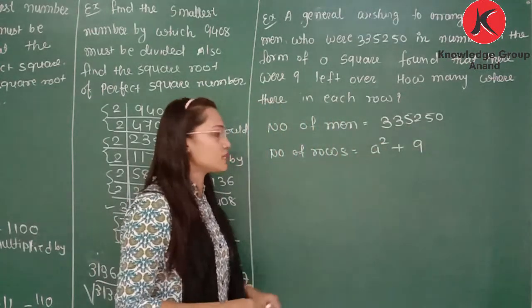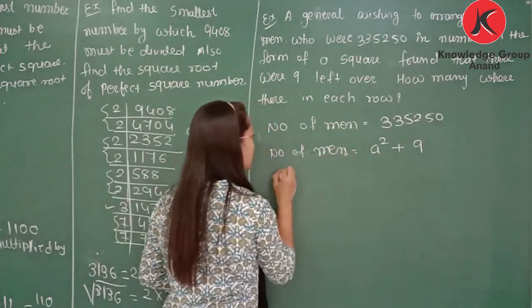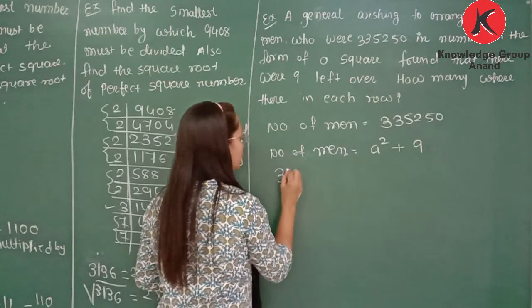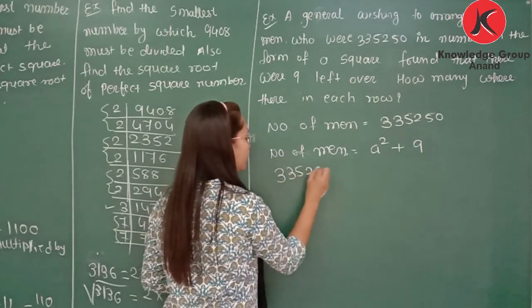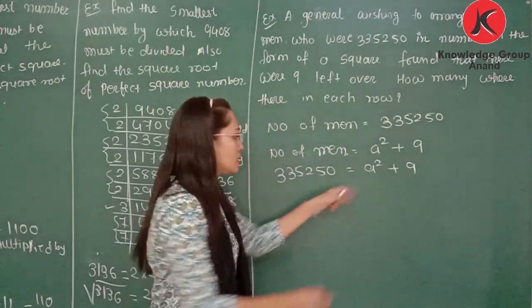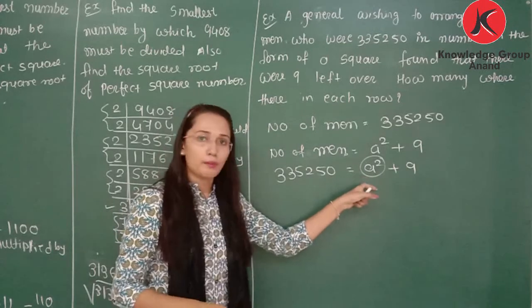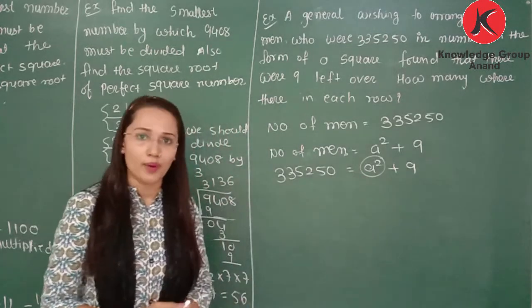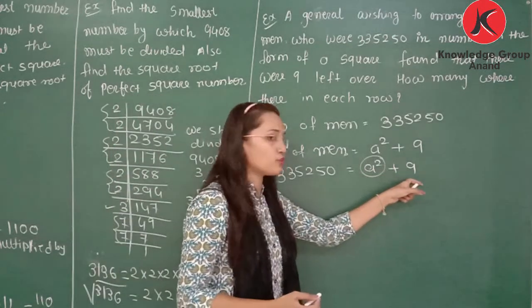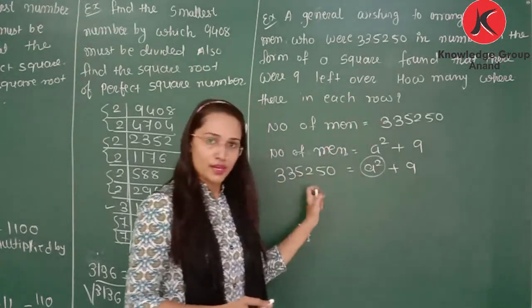So we can write the number of men, 3,35,250, is equal to A square plus 9. A square means the number of men arranged in a square, and still 9 are left over. So the total gives the total number of men. So take 9 to the left side.